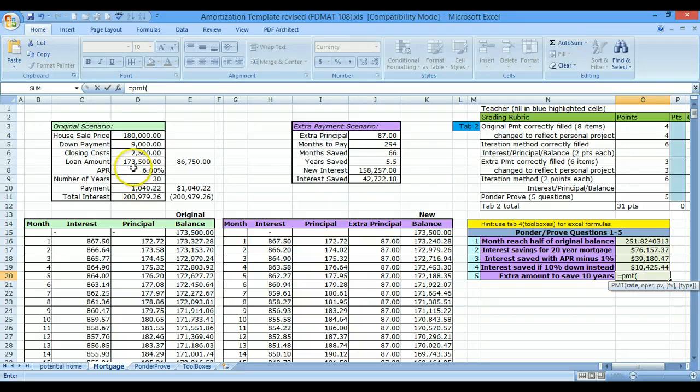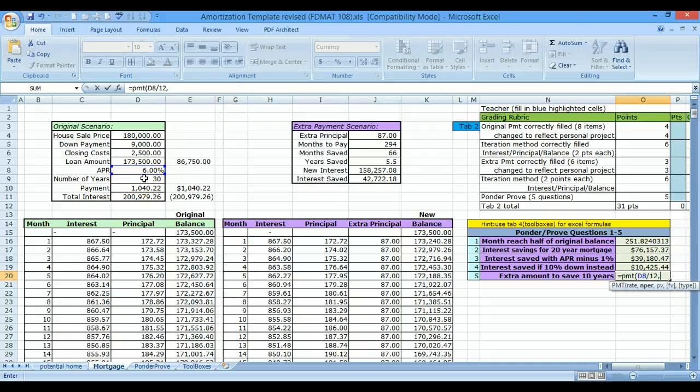So I again will reference my rate, divide by 12, number of periods. Now remember, I want to save 10 years. Saving 10 years out of 30 will be 20 years. I could type in 20 or 12 times 20, or I could type in 12 times this cell minus 10 years.